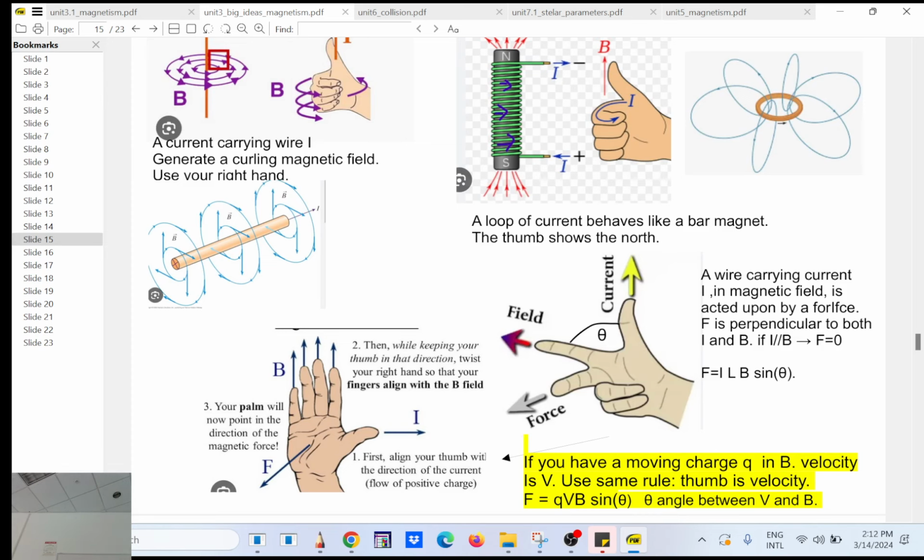Okay? So again, if you have those 3 vectors, let's say this is I and this is B, in the same plane, I'm going to have a force here perpendicular to both. That will be the maximum if those are perpendicular to each other.